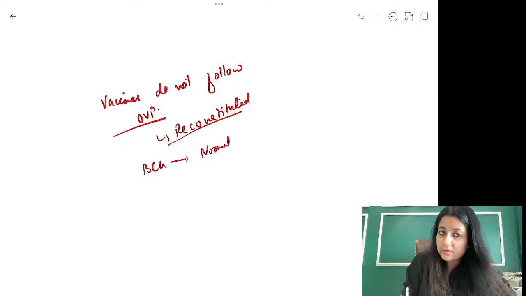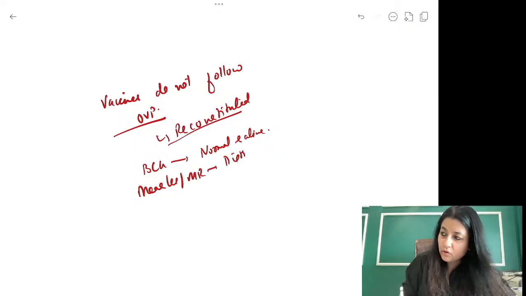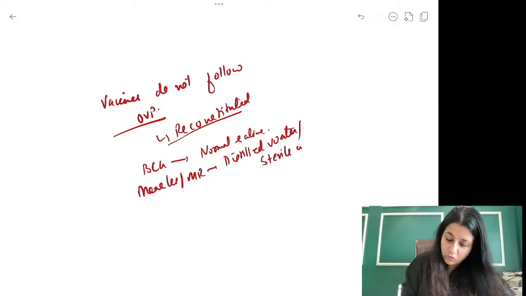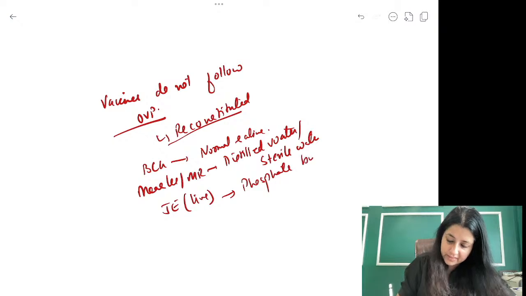Let's revise that also. Normal saline, sodium chloride. Measles, MR, इसमें कौन सा डाइल्यूएंट होता है? Distilled water, and you could also call it sterile water. Then J live, SA 14-14-2, it has phosphate buffer. And if you have yellow fever, it has cold saline.